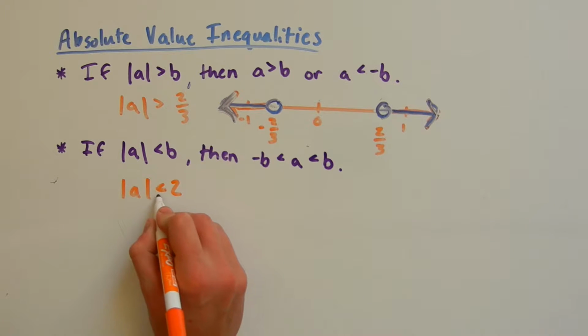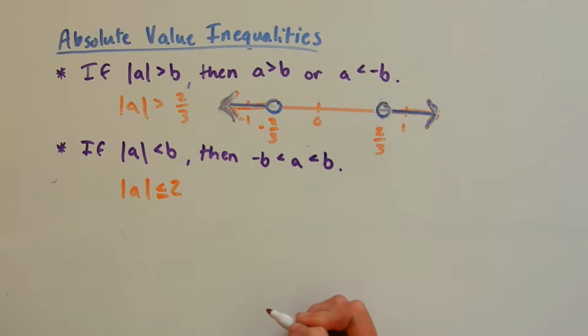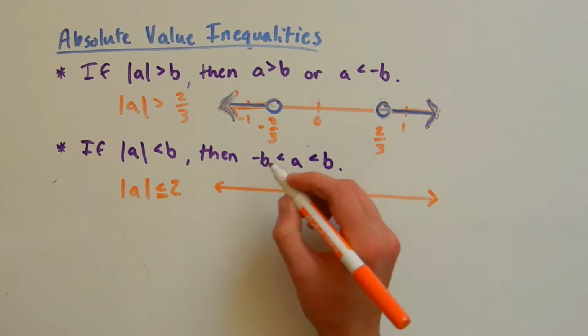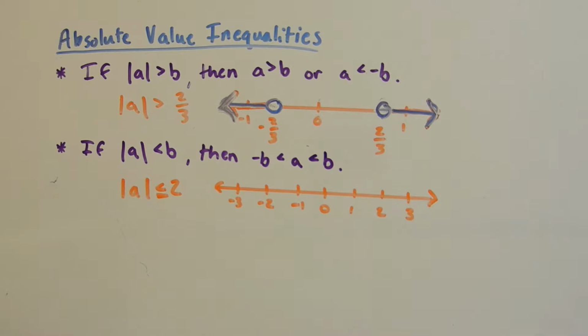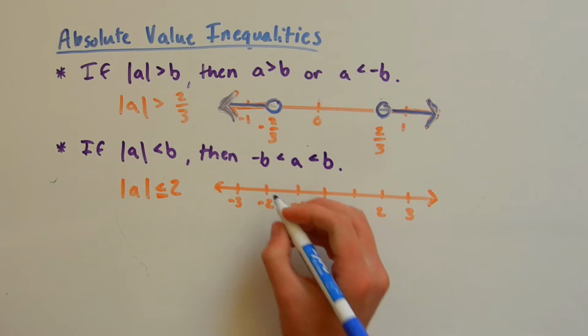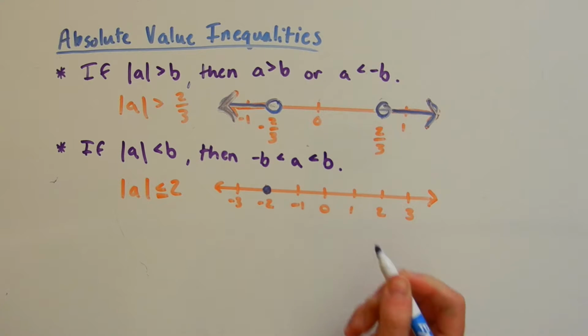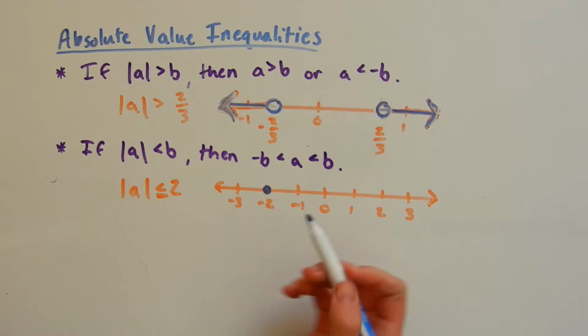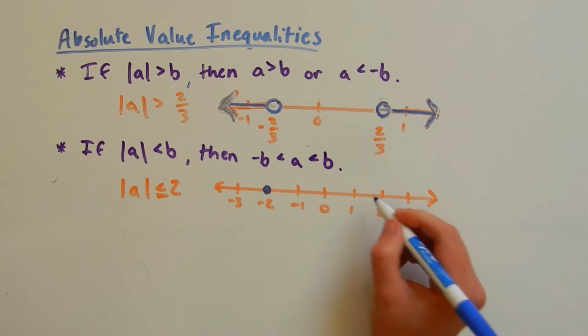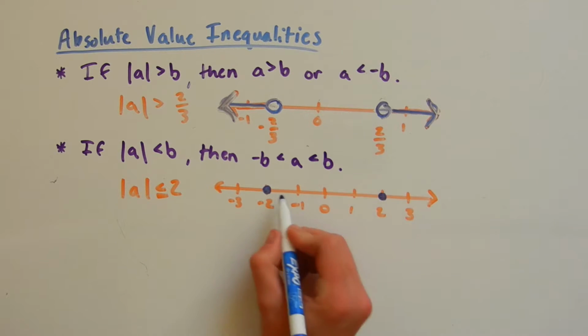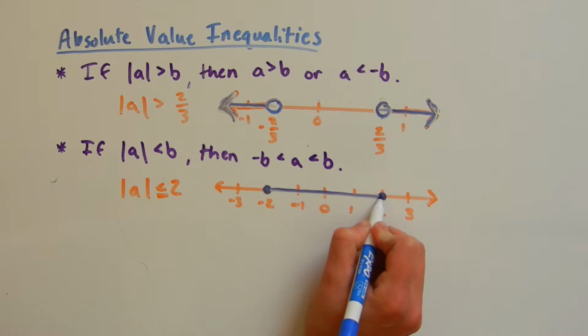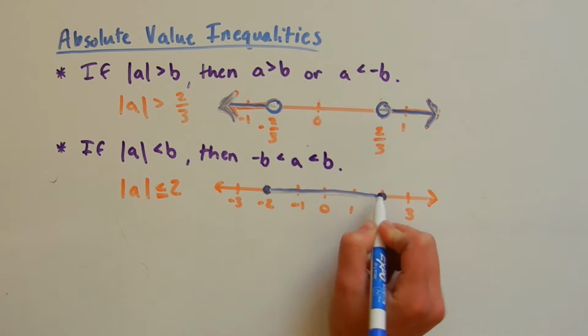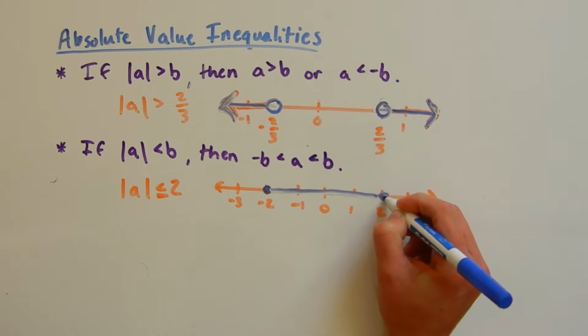And for this case, let's go ahead and use less than or equal to 2. Go ahead and draw out the number line. Since in this case, B is 2, negative 2 is less than A, which is less than a positive 2. So now we're shading in this middle region.